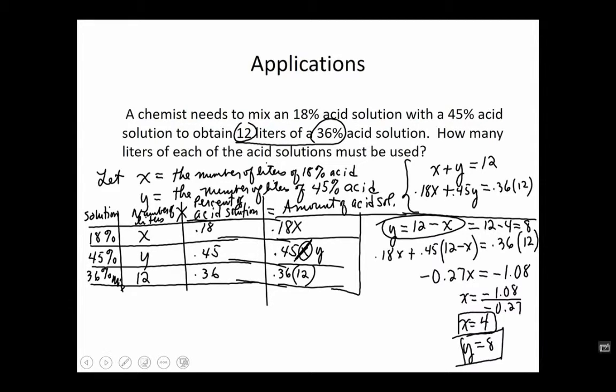And the question is, how many liters of each of the acid solutions must be used? So we can conclude that the mixture will contain 4 liters of the 18% acid solution and 8 liters of the 45% acid solution.